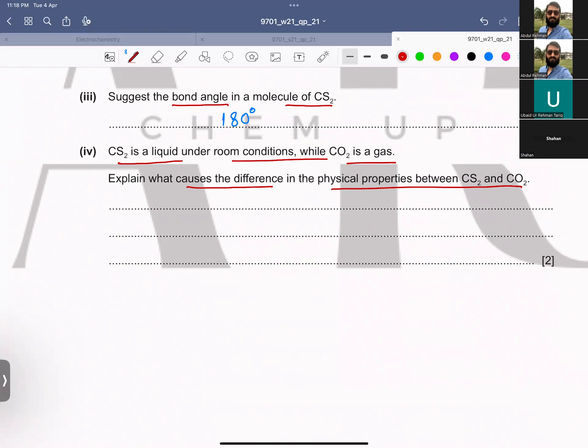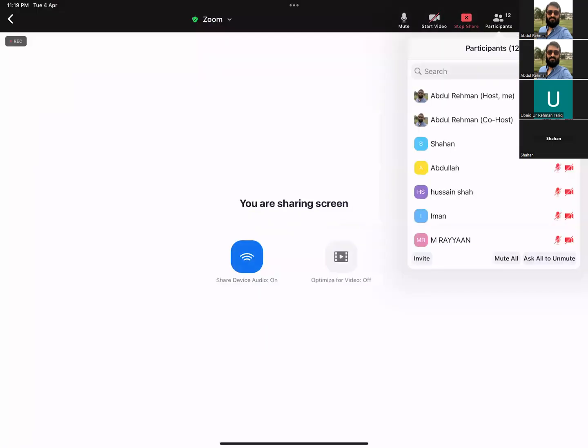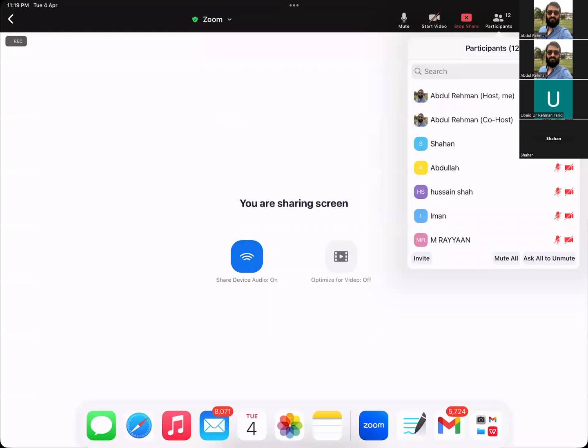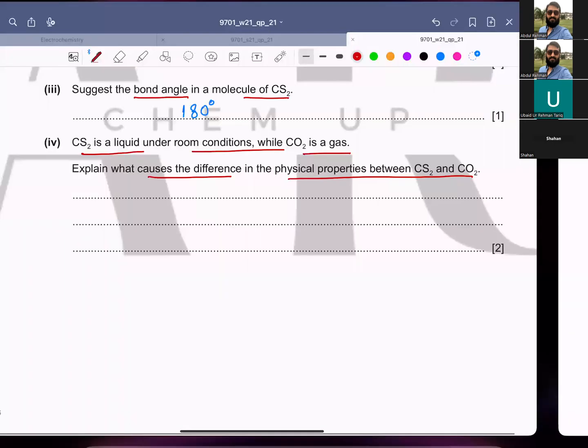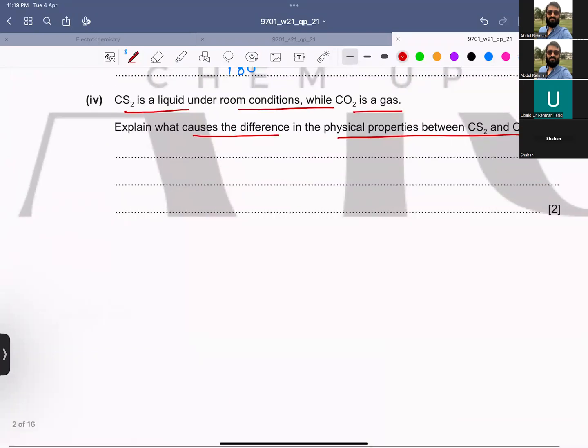Can anybody try to answer this? If you look, oxygen has 8 electrons and sulfur has 16 electrons.